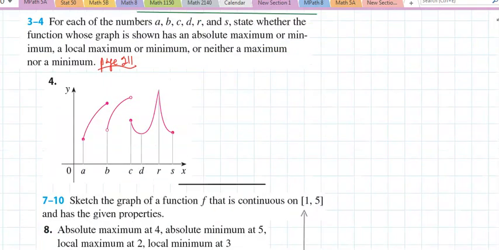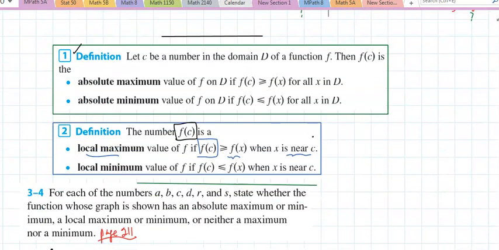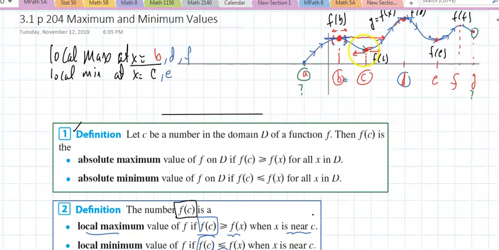And vice versa. If you want to talk about a local minimum, you are at a local minimum if the y value is less than all the other y values around it. Meaning if you move to the left or to the right, you'll be moving upwards. So that's how this book is going to define local maximum, local minimum.